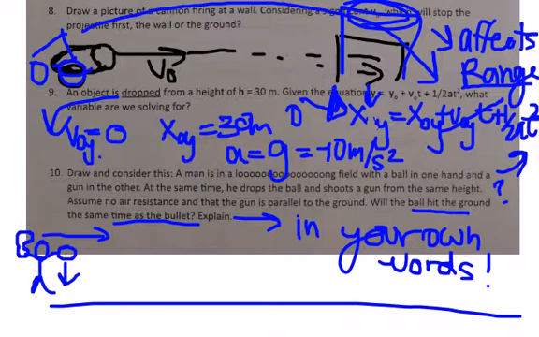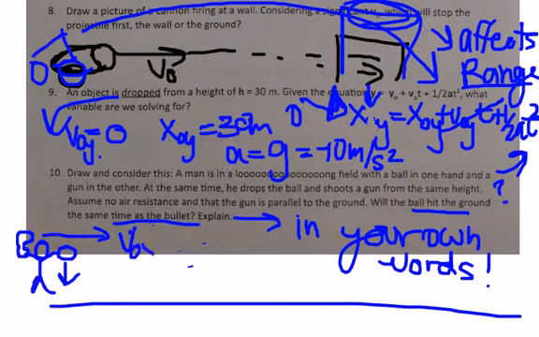Yes, the ball will hit the ground at the same time as the bullet, because the bullet has a huge velocity in the x direction. It's a gun. It goes very, very fast. But remember, what happens in the x direction does not affect what happens in the y.